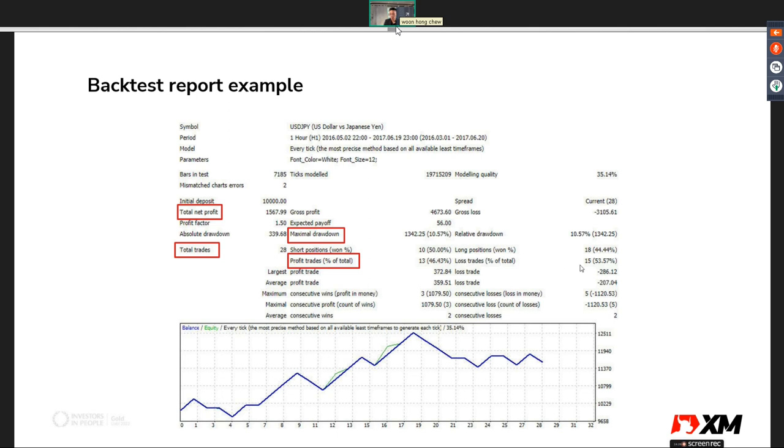Because if let's say I lose 15 times, I'll lose maybe 1% per trade, so I'll probably lose 15%. But if my profit trades, I profit 13 times 2%, so my minimum risk to reward ratio is 1:2. So I'm losing 15% total, but I'm profiting 26%.